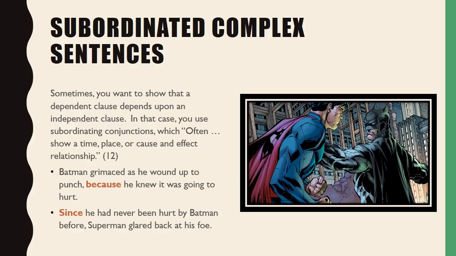And we say, since he had never been hurt by Batman before, Superman glared back at his foe. But we can also reverse that and say Superman glared back at his foe since he had never been hurt by Batman before. So a nice thing about subordinated complex sentences is that you can flip them around backwards and forwards. So if you want to have a complex sentence that shows time, place, or cause and effect, you can do so by using a subordinating conjunction.